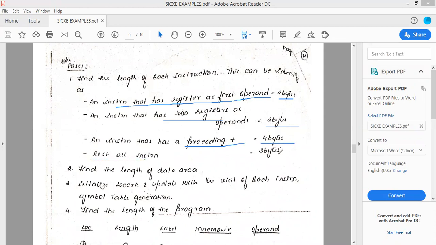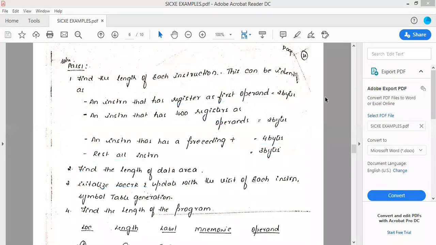And all the rest of the instructions are 3 bytes, which is format 3. So in pass 1, you first find the lengths, including the length of the data area. Then you find the location or address for each of the labels, update it in the symbol table, and then find the length of the program.